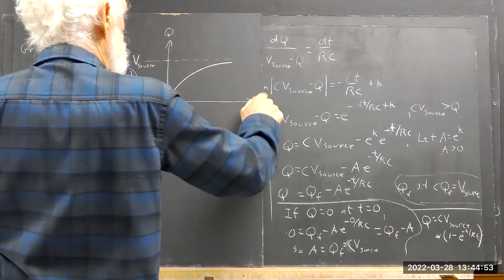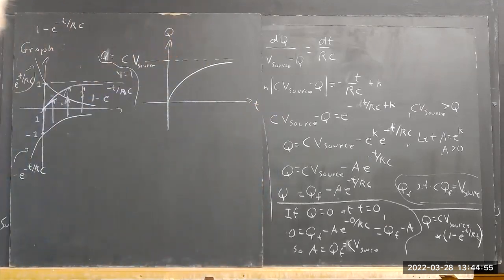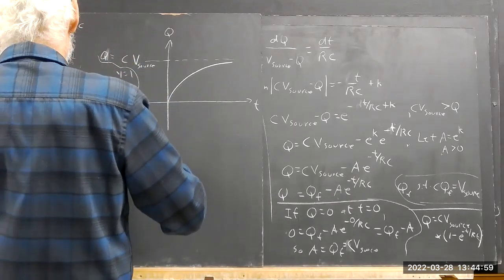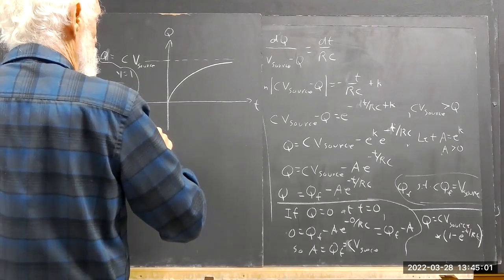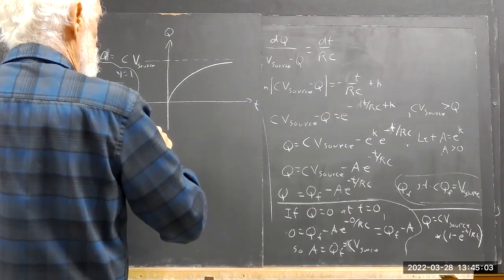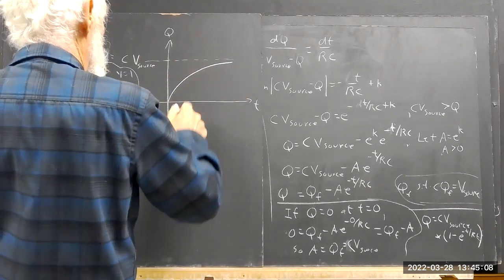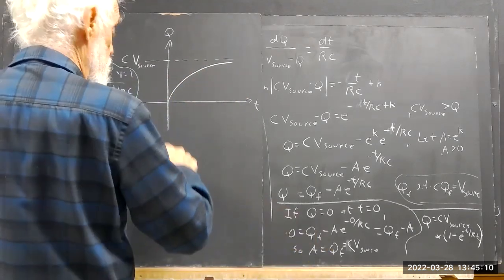So now if this is Q and this is time, then this is just a graph of what we've got here.